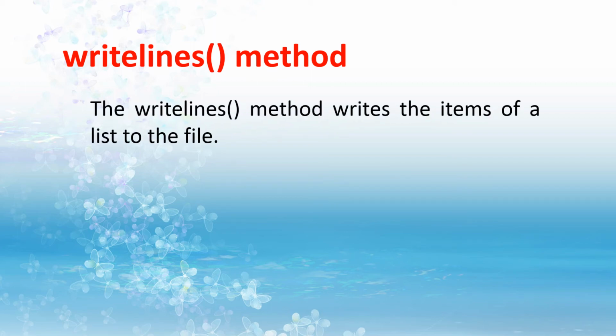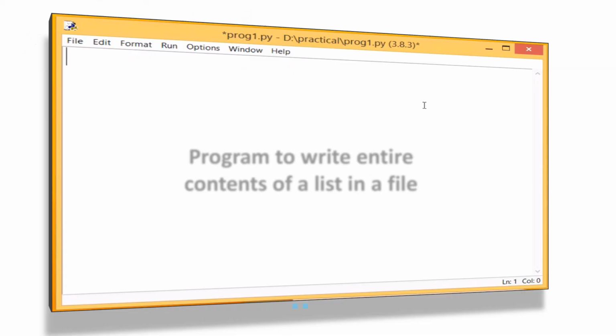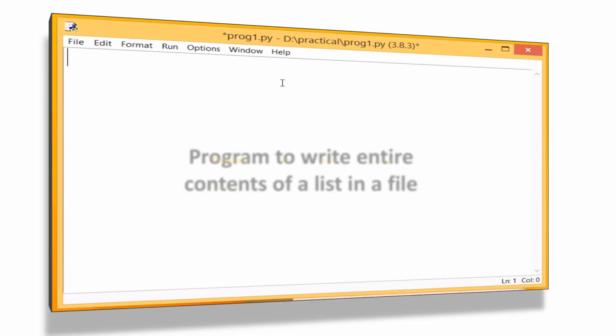The writelines method. The writelines method writes the items of a list to the file. Python file objects have a method named writelines that writes an entire list to a file. Let's write a program to write the entire contents of a list in a file.